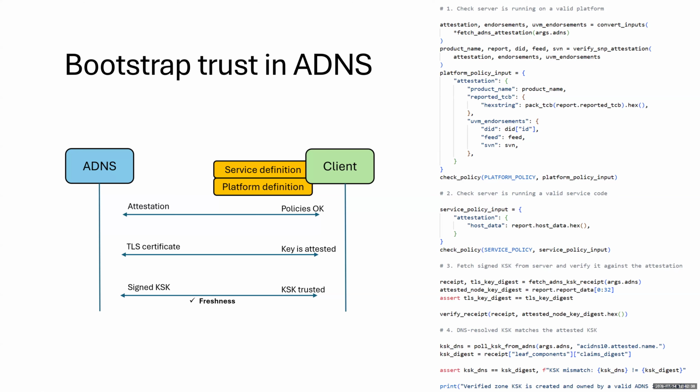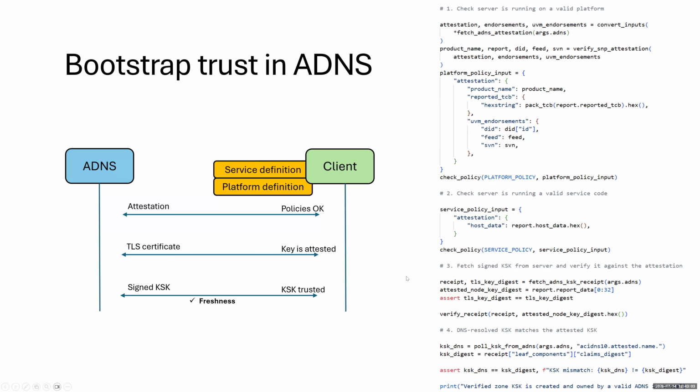And so once you've done that, you can essentially get your signed KSK from ADNS, and then you can know that, using standard DNSSEC mechanisms, you can authenticate all the records that are being served to you by this ADNS server. So that bit is custom at the beginning, but once you've done that and you've pinned your KSK, you can use standard bind, and a bunch of standard tooling from here on.